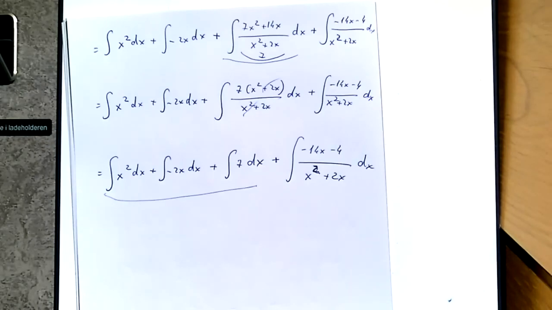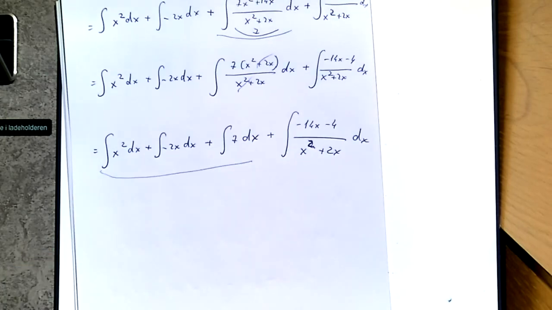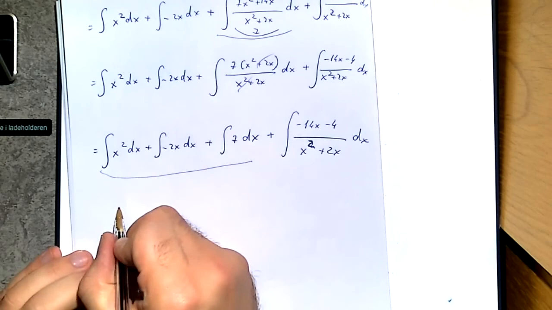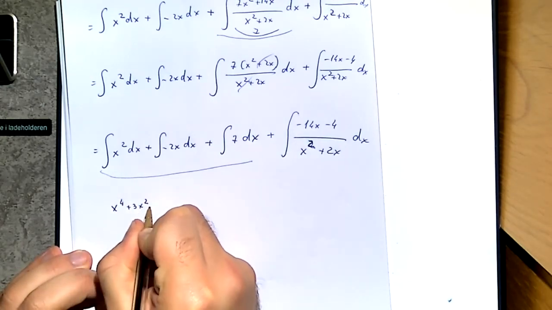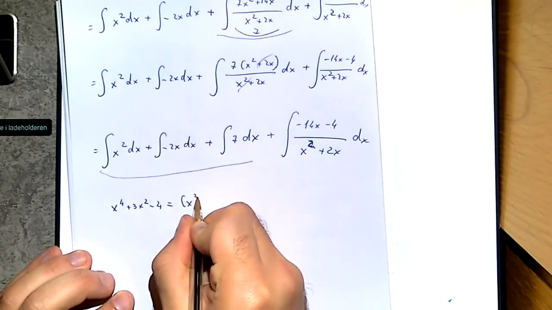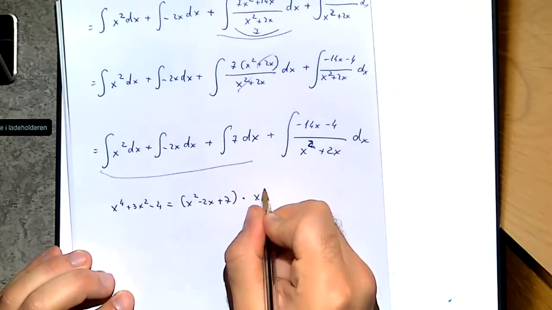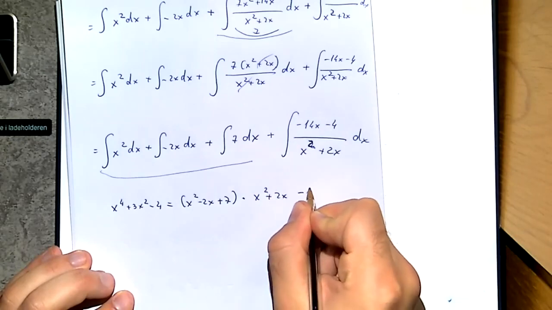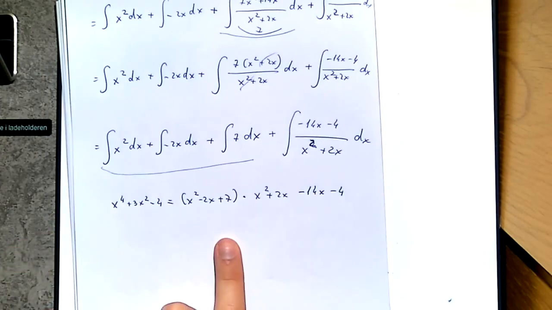If you just write x to the fourth plus 3x squared minus 4 is equal to (x squared minus 2x plus 7) multiplied by (x squared plus 2x), minus 14x minus 4.